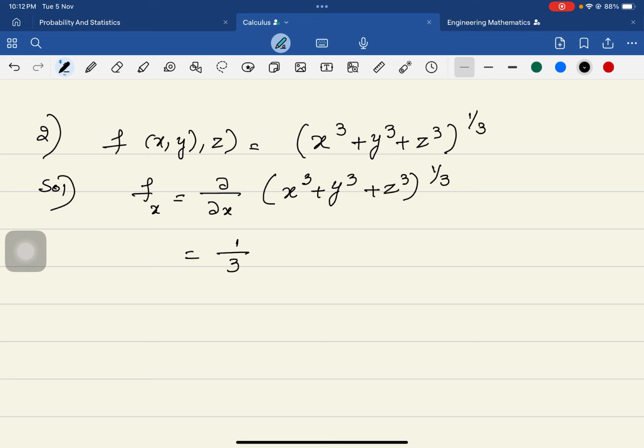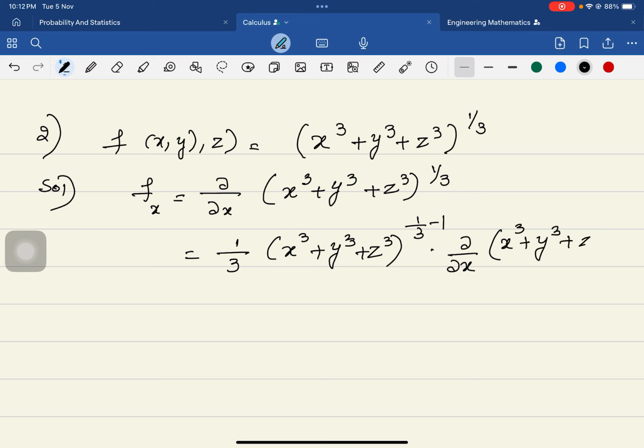It is 1 by 3 times x cube plus y cube plus z cube, the whole power 1 by 3 minus 1, multiplied by the chain rule, dou by dou x of x cube plus y cube plus z cube. So that gives you 1 over 3 times x cube plus y cube plus z cube to the power minus 2 over 3, and the derivative of x cube becomes 3x square. So this is your fx.